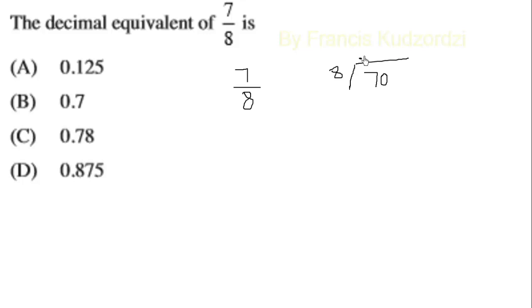Then we bring a point, so the decimal point here. So we have 0 point. Now 8 goes into 70 how many times? 8 nines are 72, 8 eights are 64. Therefore 8 goes into 70 8 times. Now 8 times 8 will give us 64.